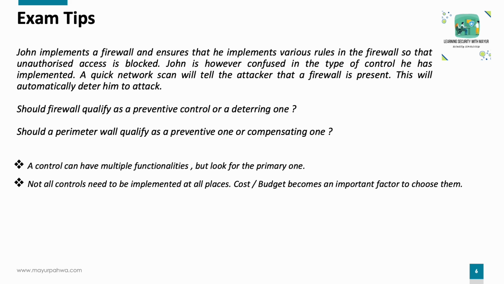End your thought process right here. It's a preventive control. Similarly, a CCTV deployed at the main gate is to detect the movement and capture it. That's it. Stop your train of thought right here. It's a detective control. Yes, it may deter an attacker from attacking, but that's not the primary functionality of the CCTV.